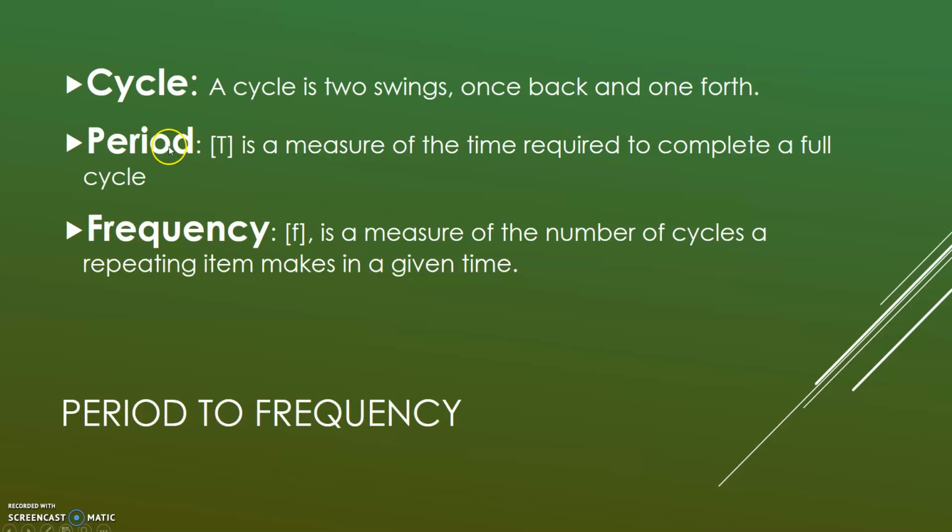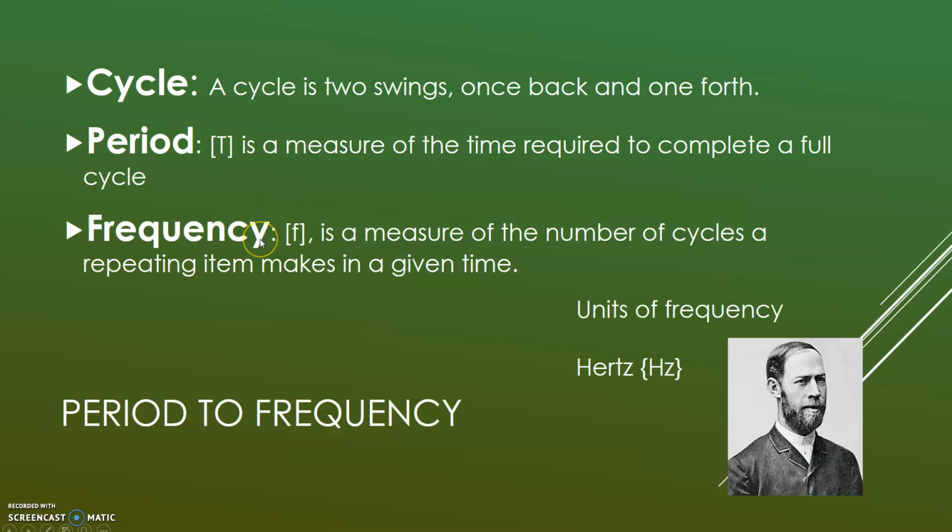They're one-overs of each other, meaning they're inverse relationships. So if I give you the frequency, you can find the period by taking 1 over frequency. If I give you the period, I take 1 over that T, that time, and that gives you frequency.